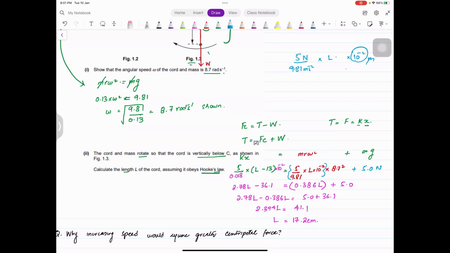Now, this meter and meter cancel out, and ultimately it doesn't change a thing because only newtons are left, and length just stays length, whatever it was in centimeters. Do you understand? So the purpose of putting 10 raised to minus 2 was to cancel the meter? Yes, that's what I'm trying to explain to you.